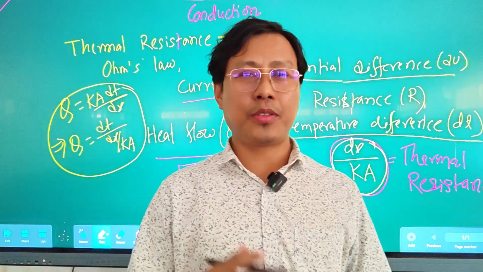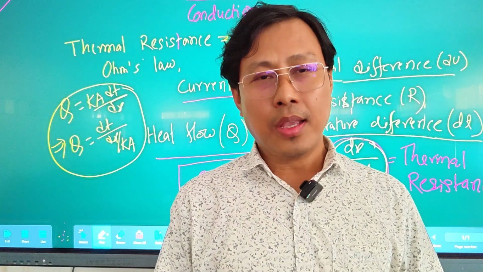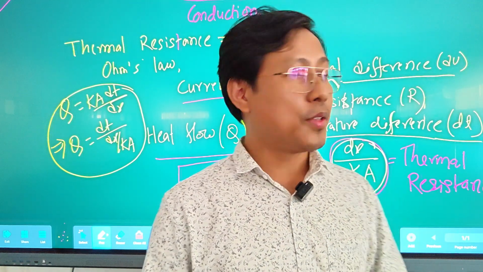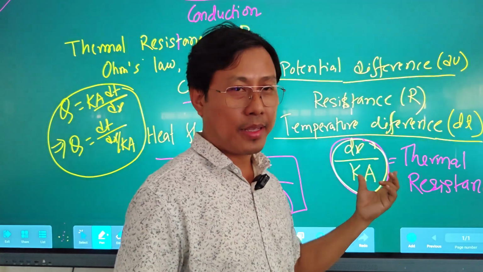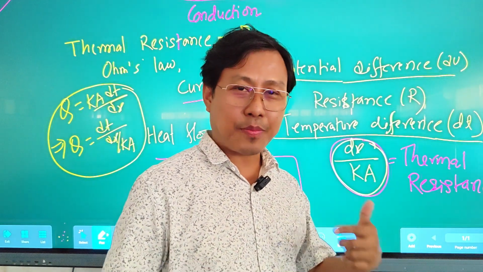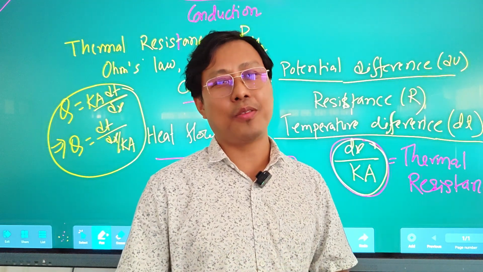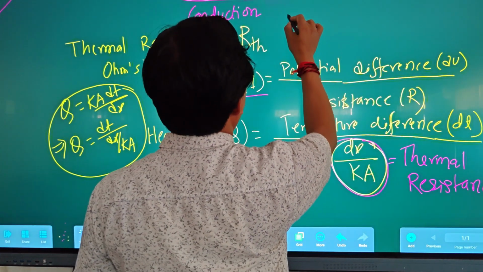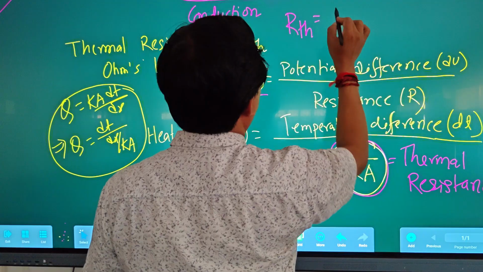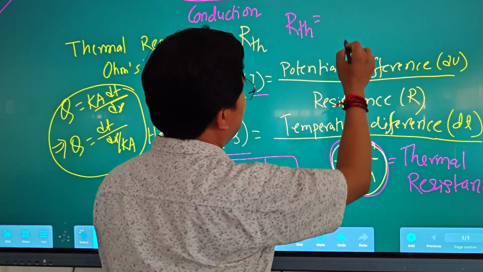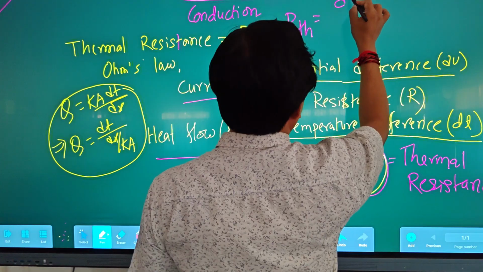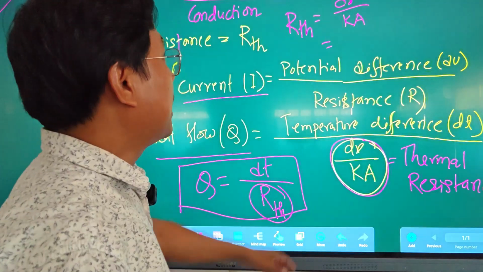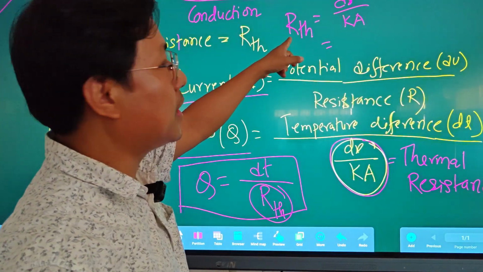Since we have understood what is thermal resistance, we can also calculate the unit of thermal resistance. Using the expression of thermal resistance, dx by Ka, if we substitute the unit of all the parameters, we can find out the unit.